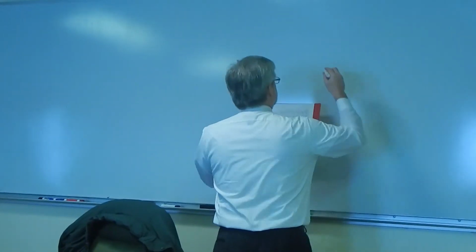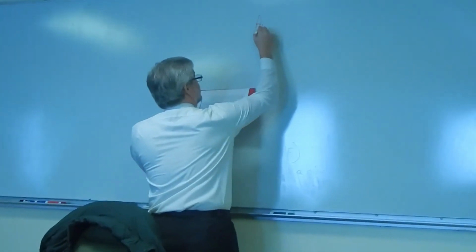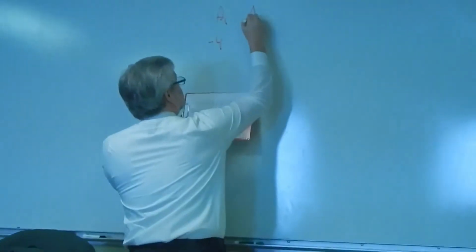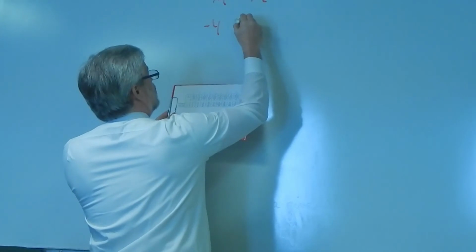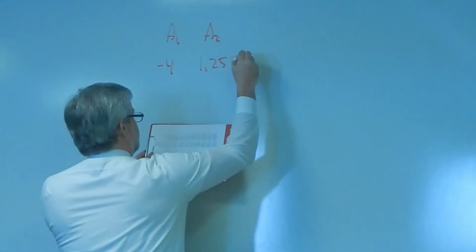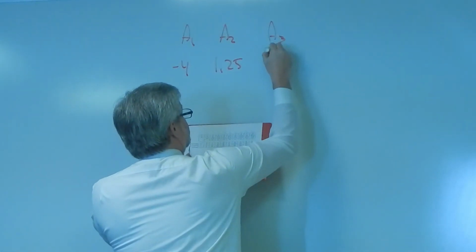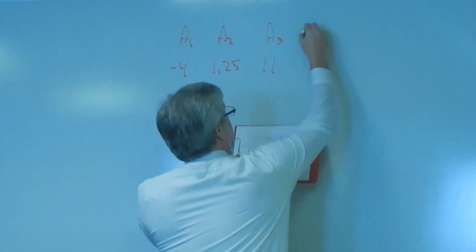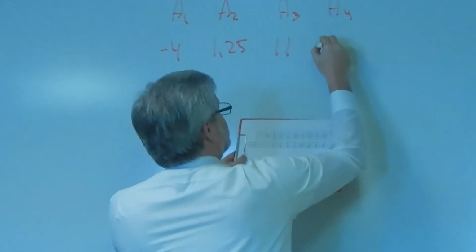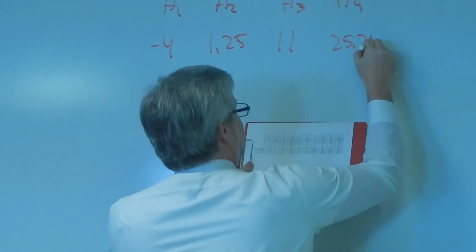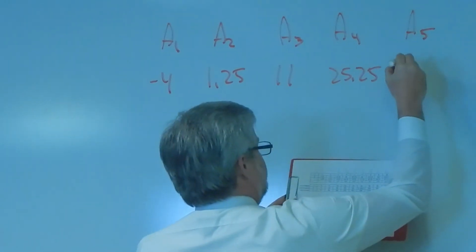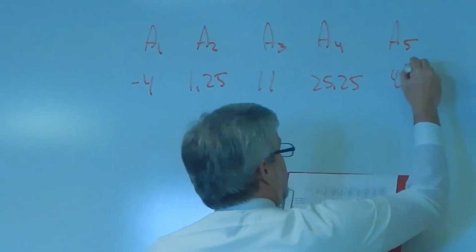So, first term A1 is going to be -4. A2 is going to be 1.25. A3 is going to be 11. And A4 is going to be 25.25. And A5 is going to be 44.